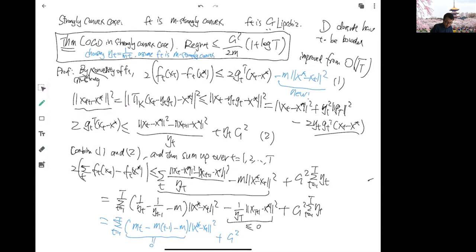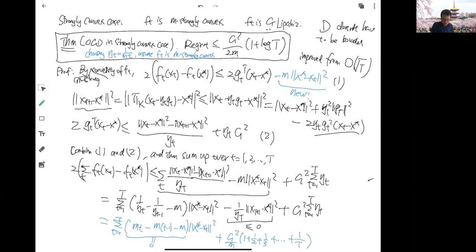So that will give you, so we are choosing this to be 1 over m t. So let's extract the 1 over m here. So we have 1 plus 1 over 2 plus 1 over 3 plus up to 1 over T. Okay. So we are left with another series sum.